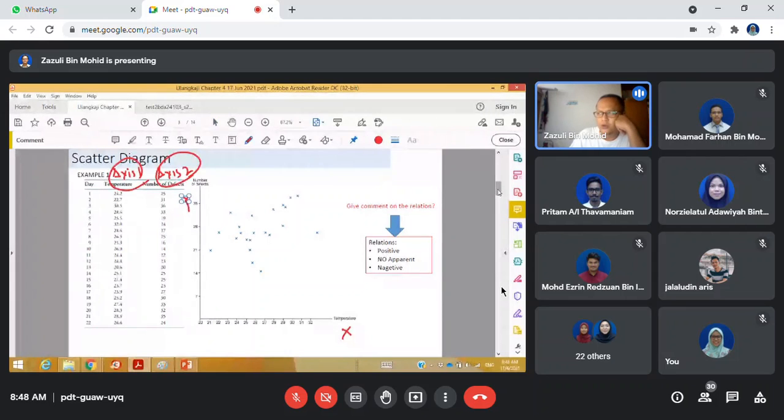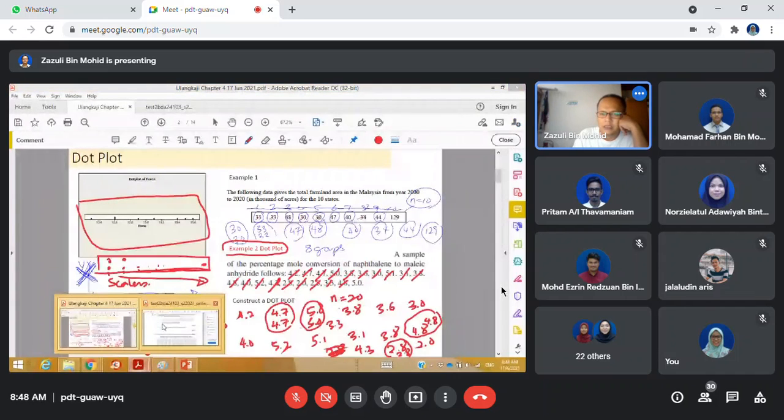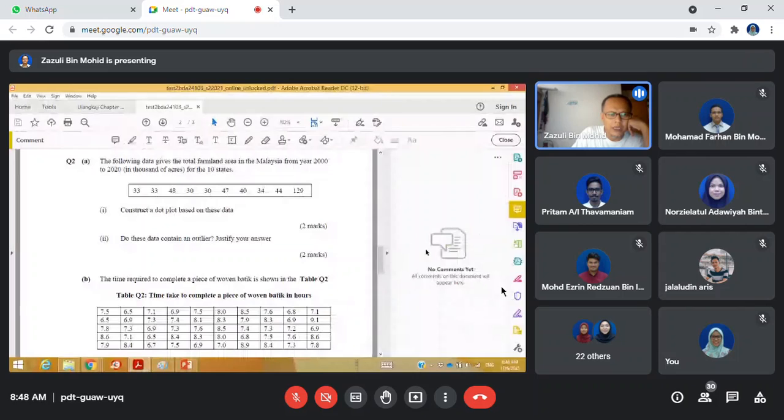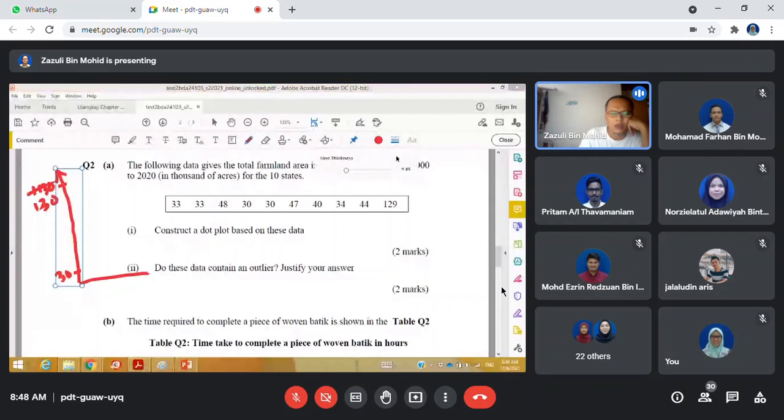In this question in your test, some of you drew it wrongly, whereby I found an answer where he put the y-axis as 30, and then the maximum is 130, and then at the x-axis, you put it as 1, 2, 3, 4, 5, 6, 7, and so on.